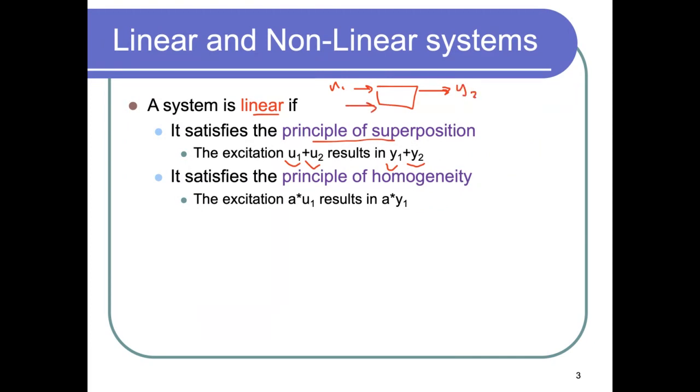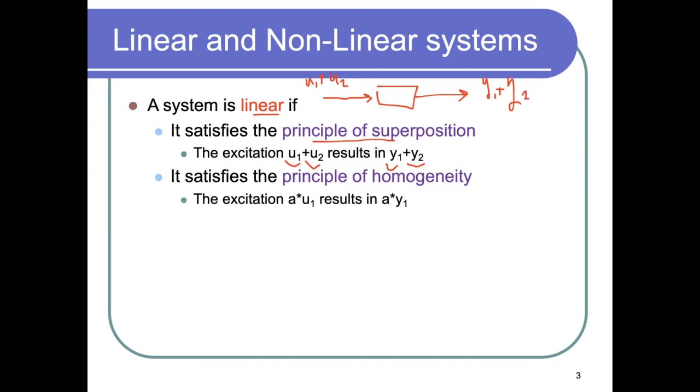Similarly, if I give the system U2 and it gives me Y2, then if I apply the summation U1 plus U2, it gives me Y1 plus Y2, meaning it will just add the two separate outputs. So if I give it an input that is U1 plus U2, it will simply give me Y1 plus Y2.